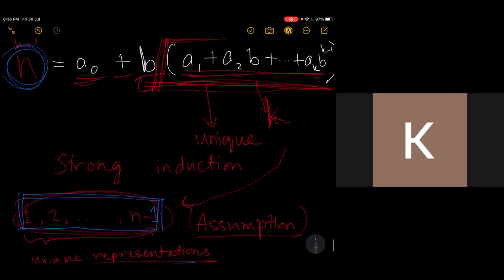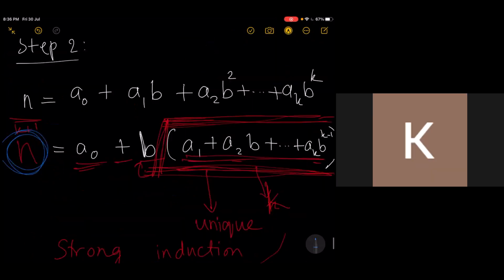So now if I assume this and I write n like this, n equals a0 plus, if I take b common, I get this number. I just took b common and subtracted it.